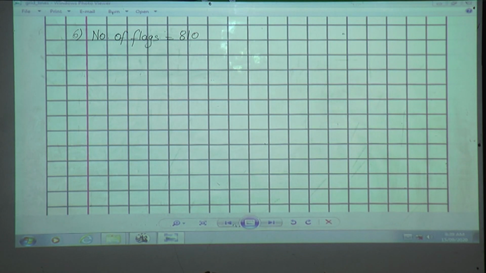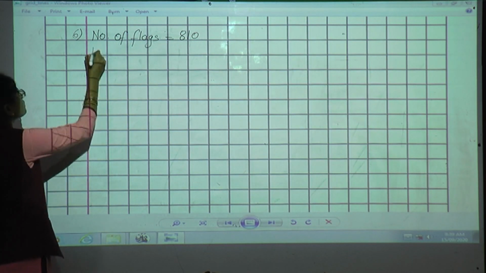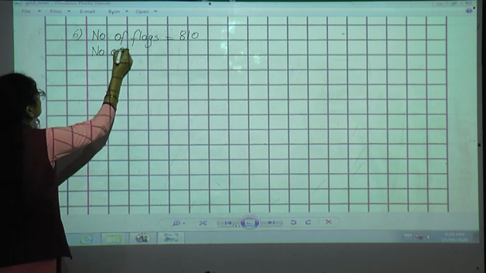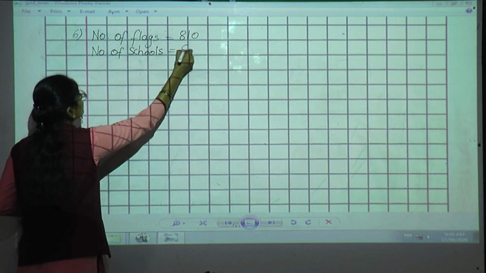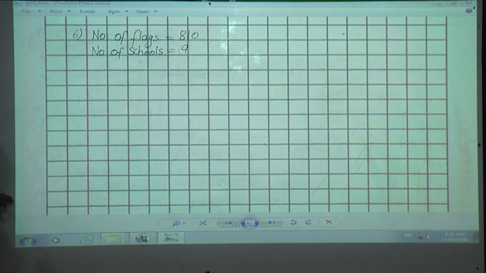Okay, equally shared by 9 schools. So how many schools are there? Number of schools is equal to 9. These 810 flags were equally shared in 9 schools, and the question is how many flags did each school get? So here what we will write?